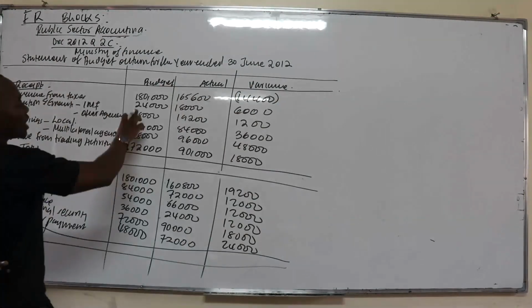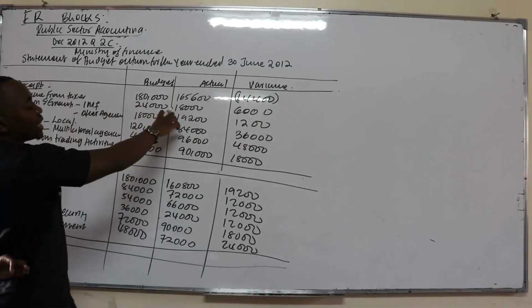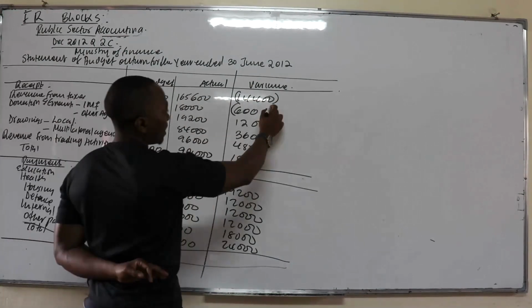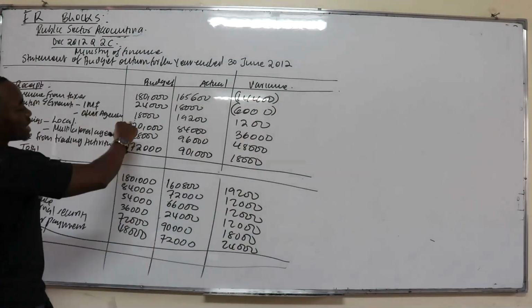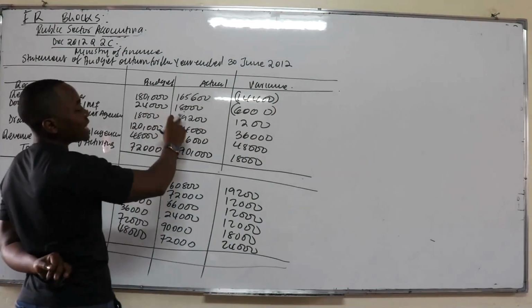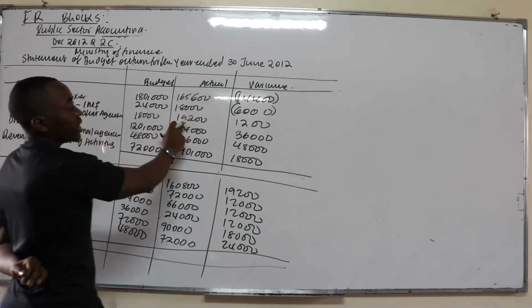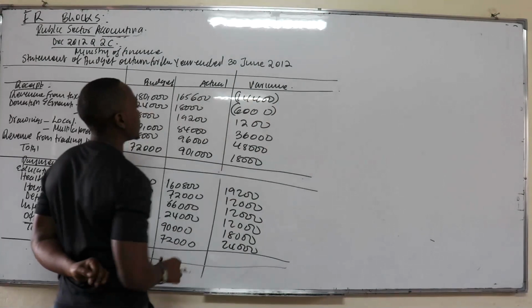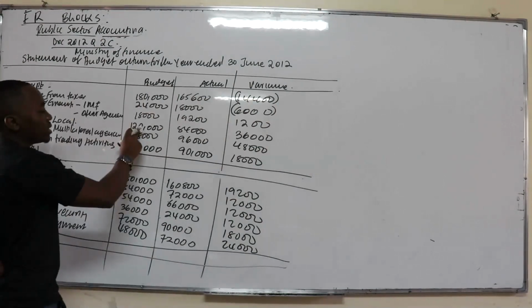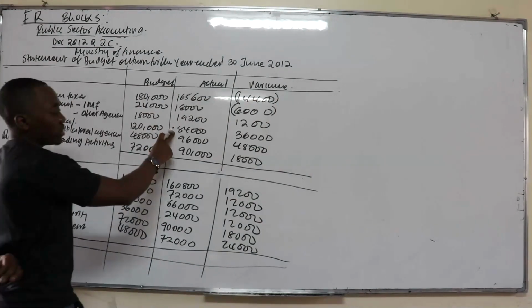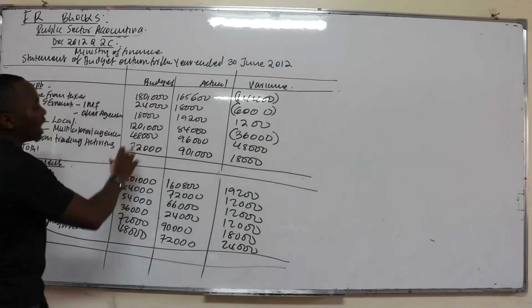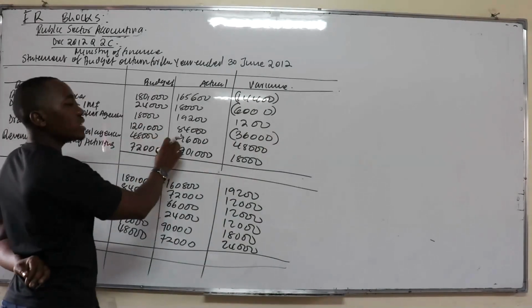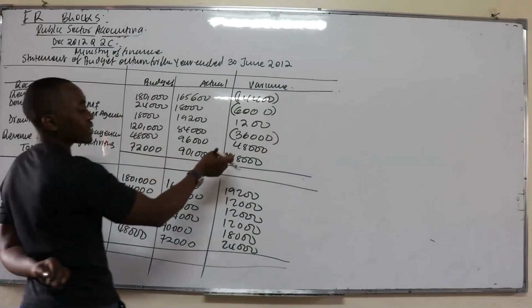You budgeted to get 24, you ended up getting 18. Still, that's a bad idea. So it's adverse. You budgeted to get 18, you ended up getting 19. So you got more than what you expected. Therefore, that's a favorable. So it's a positive. 120, you ended up getting 84. That's adverse. 48, but you got 96. You got double. So that's a good idea.